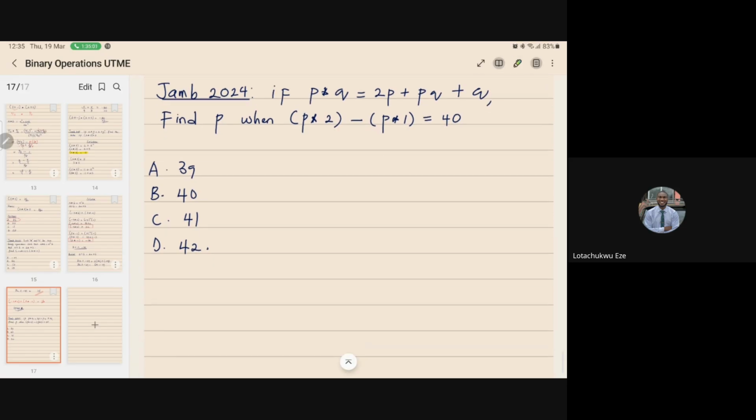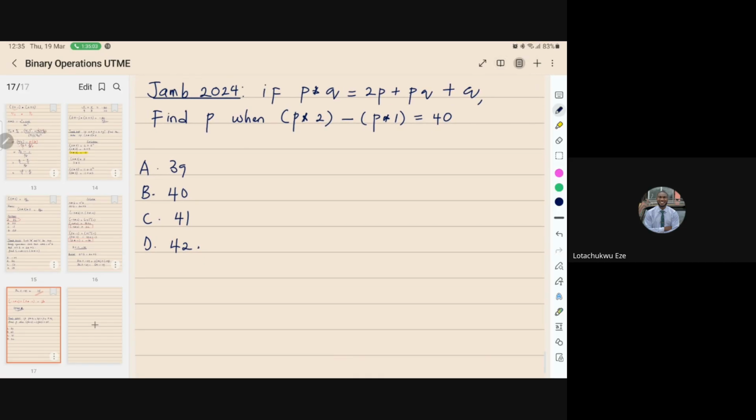Now, what does this entail? All right, so solution. Now, we'll have that P asterisk Q is 2P plus PQ plus Q. So that means P asterisk 2 will now be equal to what?